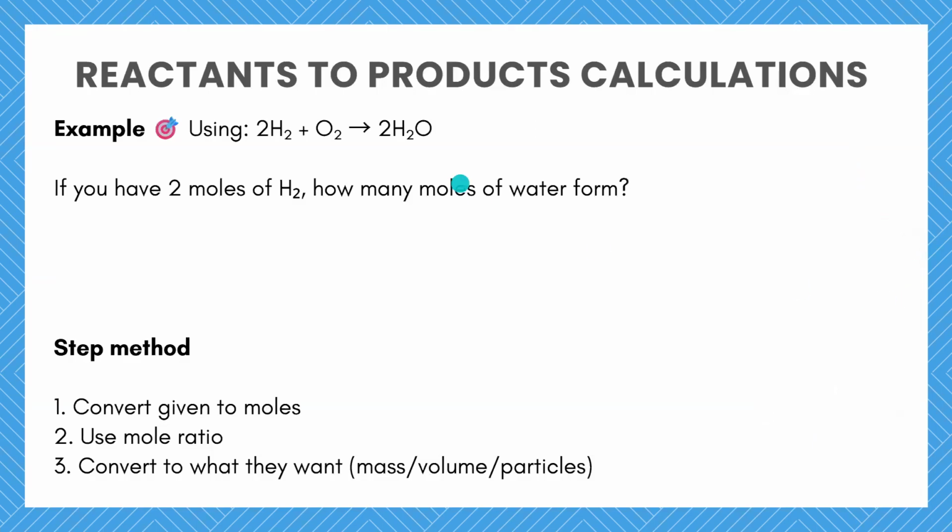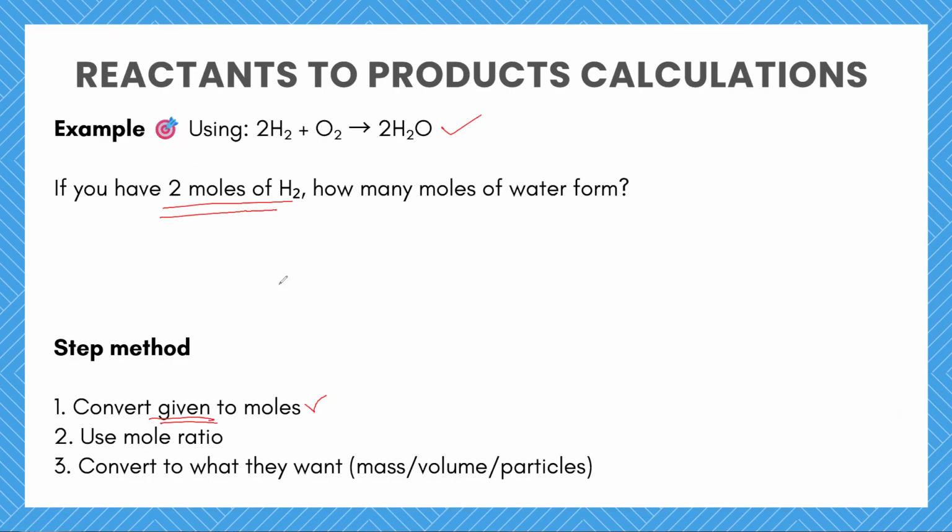So we have this example on the screen. We have the balanced chemical equation over here. And they started off by saying if you have 2 moles of hydrogen, how many moles of water will form or how many moles of water will be produced? So the first thing to do would be to convert the given values into moles.